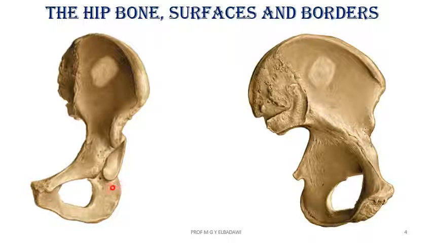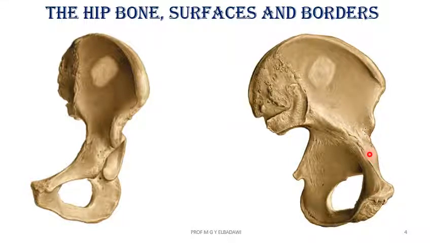For the ischium, we can see the body and the ramus only. On this side, you can see also the pectineal line, which we have seen, and the inferior border of the body of the pubis. That should be the obturator crest, and this should be the pectineal surface.